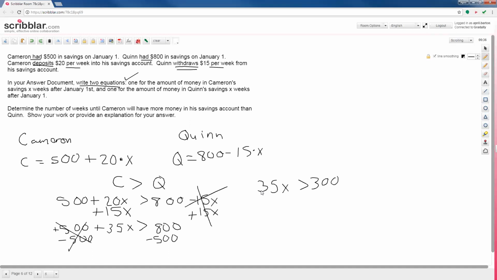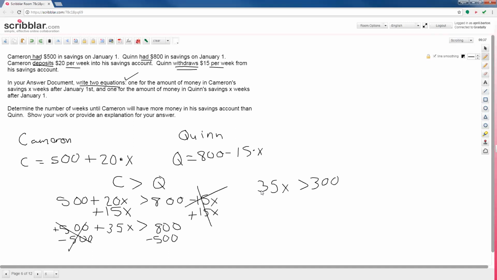Does anyone remember how to do the opposite with our 35 next to the x? I don't see any answers so far.